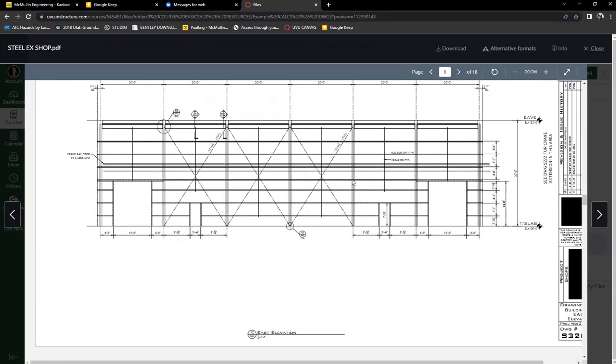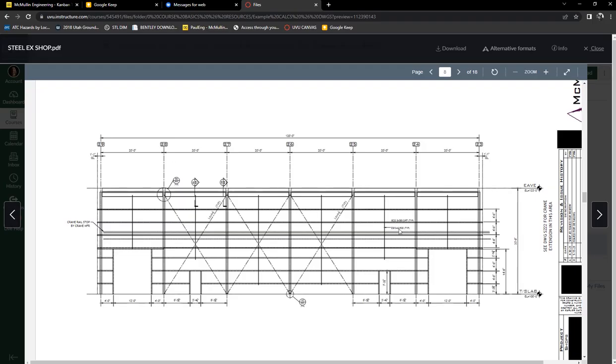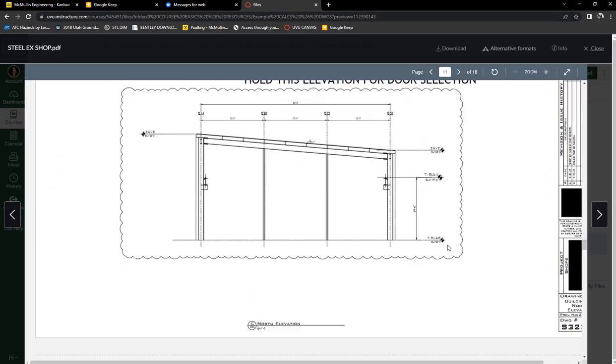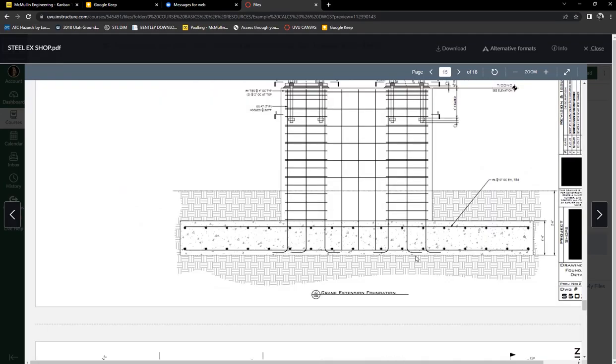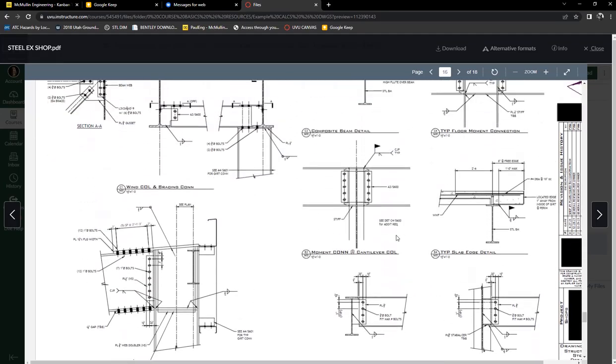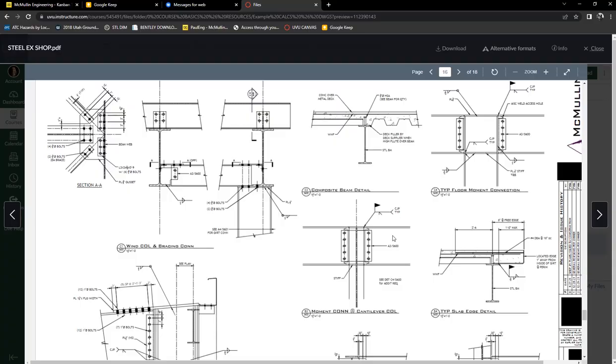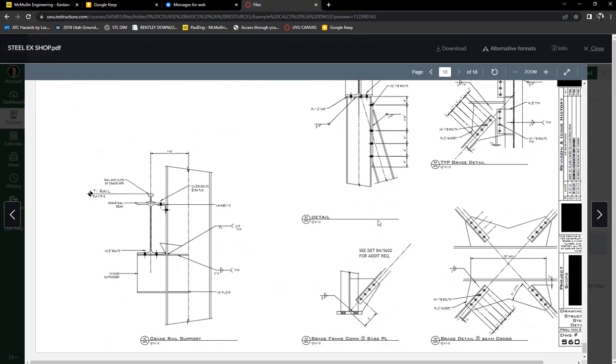Elevation, so kind of the full picture of that, elevation tags, etc. And then all the details for the project. Not a super complicated project, but good representation of some typical industrial type drawings.